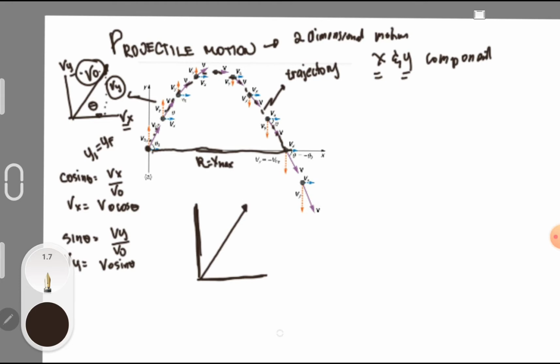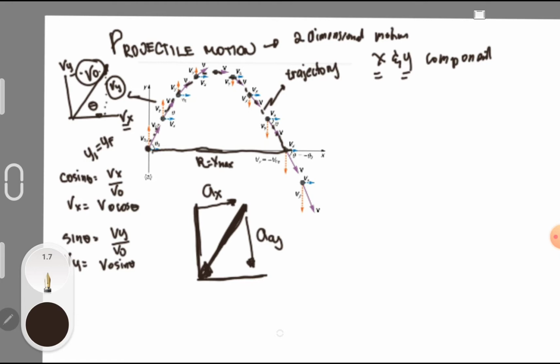Take note that your acceleration due to gravity is going down. So, that is downward. This is our projection, so let's say ax and ay. The ay should be downward, because our projection is downward.